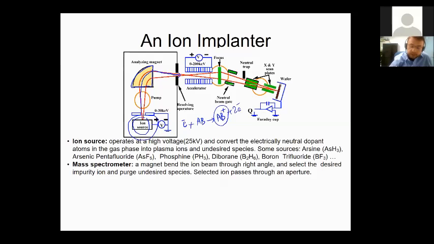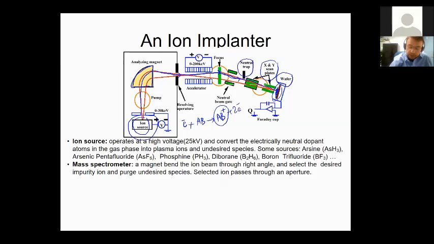And then we will speed them up to high speeds, and we will make sure that they will find their position on the wafer surface. We will scan the wafer surface with some electrostatic plates. We will trap some neutral particles. If there's still some neutral particles here, we don't want to dope them on our wafer, of course, as foreign particles.